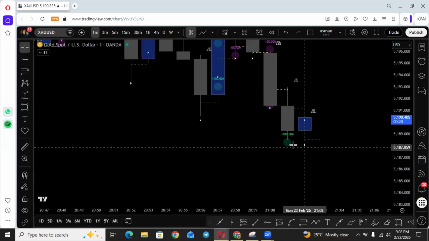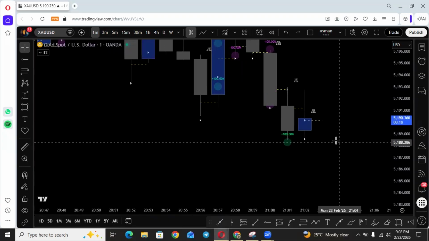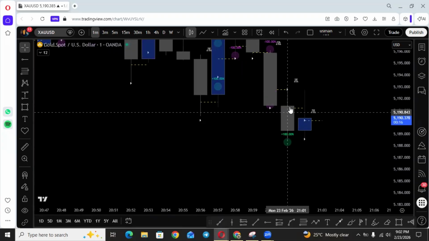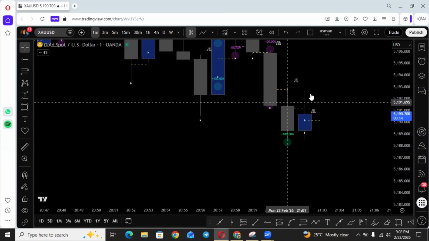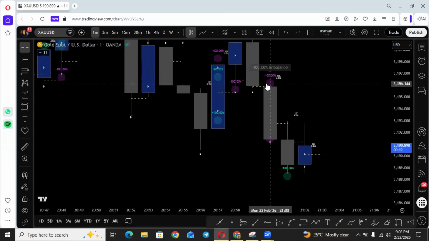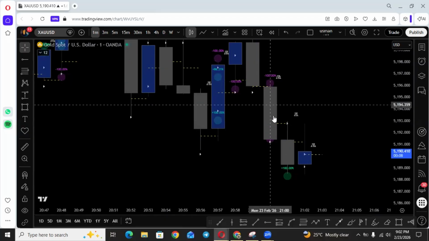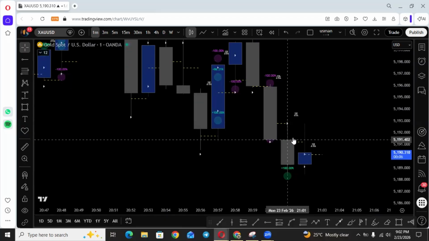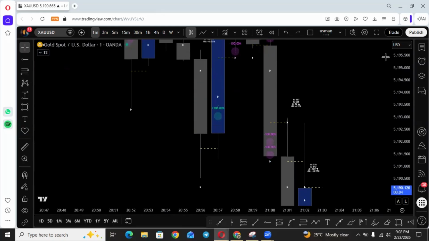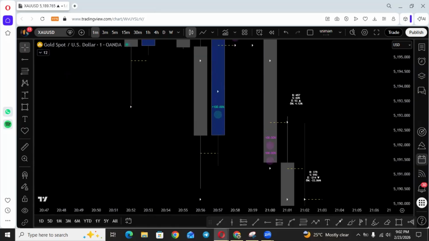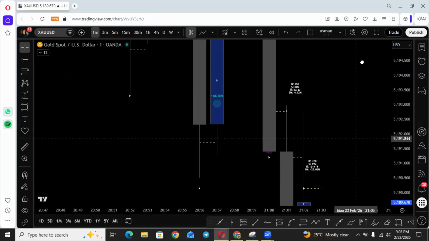Because if we have to move down, we need a selling imbalance inside the candle, or above the candle, like this. We have a selling imbalance above at the start of the candle, and inside of the candle, and then market tapped the point of control of the previous candle, mitigated the previous imbalance, and went down.